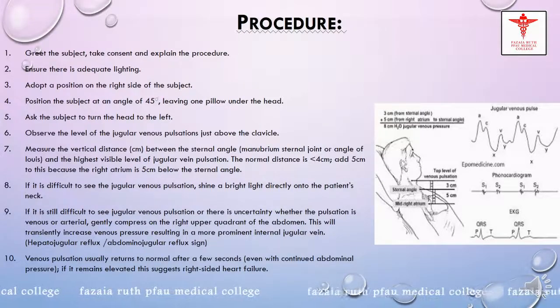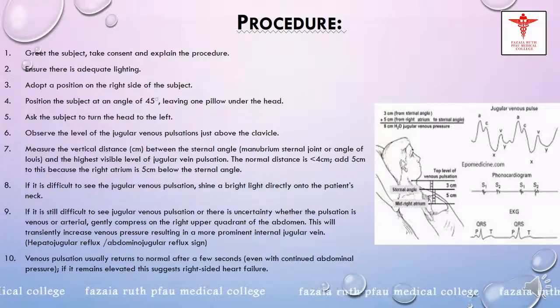This reflex is called the hepatojugular reflex or abdominojugular reflex. You know that in the right upper quadrant there is a very vital organ lying there. Your liver is lying there.